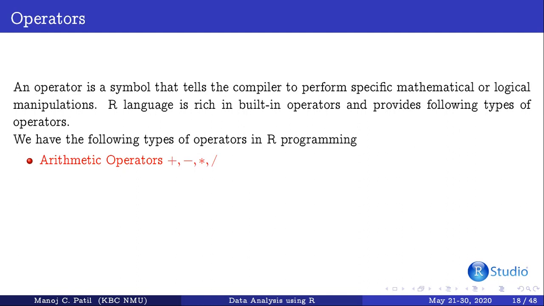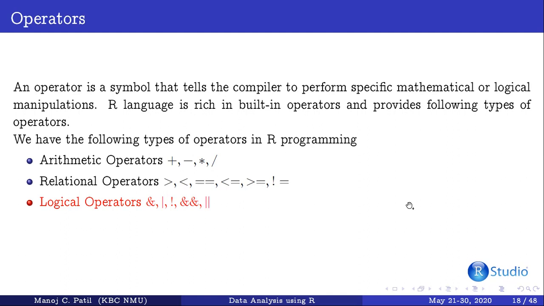R is rich in built-in operators and provides the following types of operators: arithmetic operators, that is plus, minus, multiply and divide; relational operators, less than, greater than, double equal to, not equal to; logical operators, and, or, not, likewise; and assignment operators, which we have already used, arrow, equal to, reverse arrow, likewise.